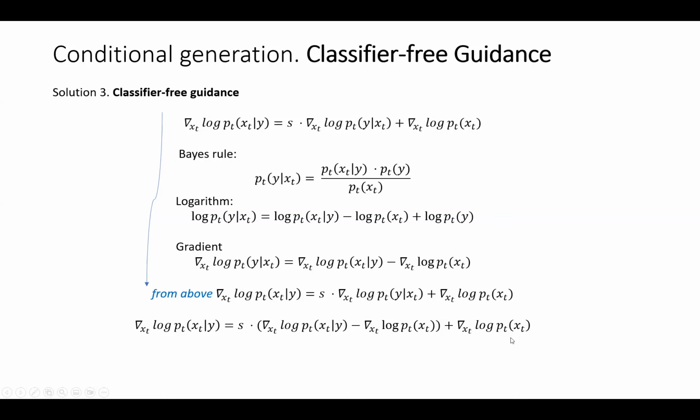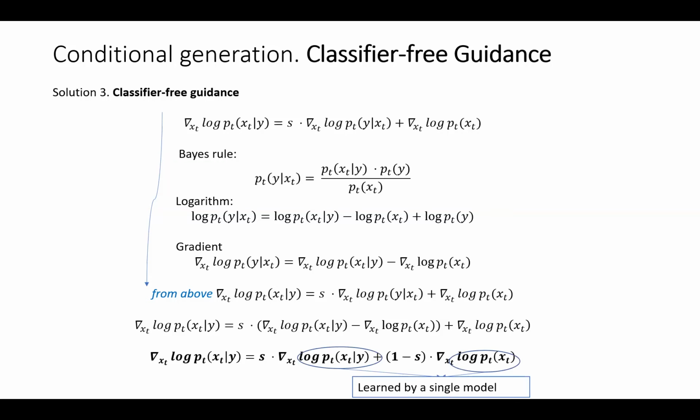So now, as you can see, we have two terms here with the log of probability of xt, this one and this one, and the gradient of that. So we can combine those. That's what we are going to do. So this will become s, and this will become 1 minus s. Now we have the unconditional probability here, and this is a conditional probability.